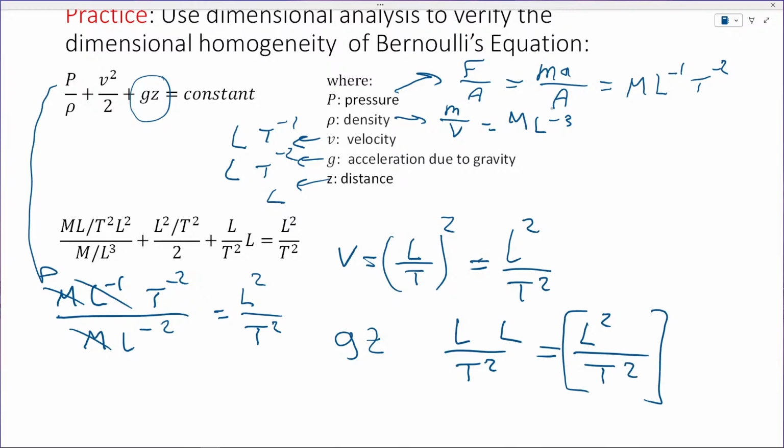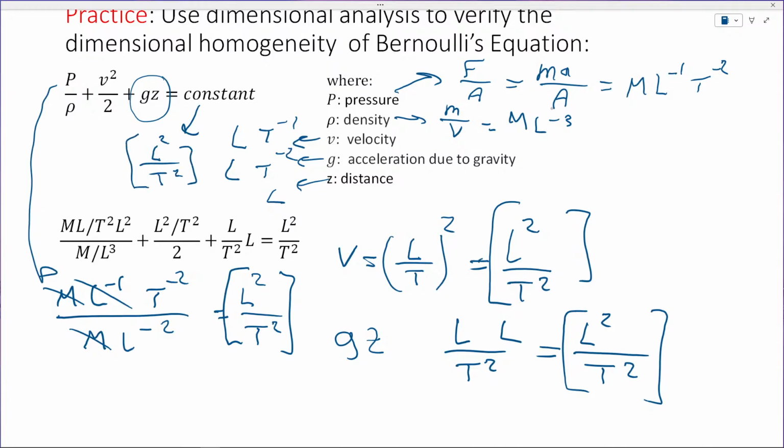So here, L square over T square, L square over T square, L square over T square. And so this constant will have the unit of L square over T square.